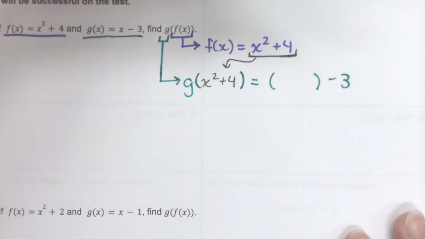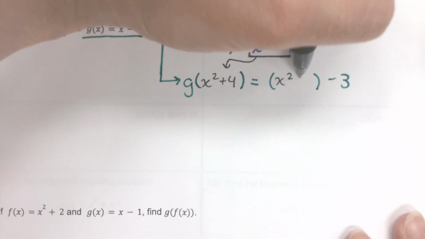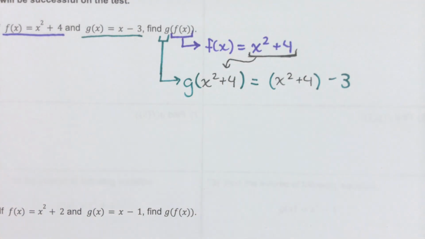And now I'm going to plug that expression in. X squared plus 4 minus 3 instead of x minus 3. So instead of just plugging in a number like you did before, back when we learned it, we're plugging in an equation.